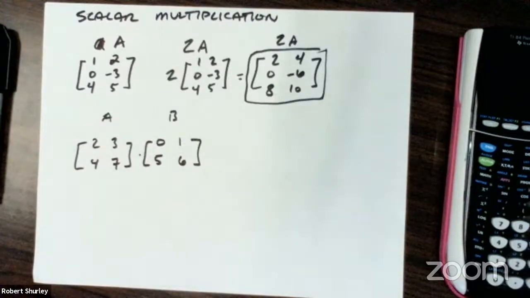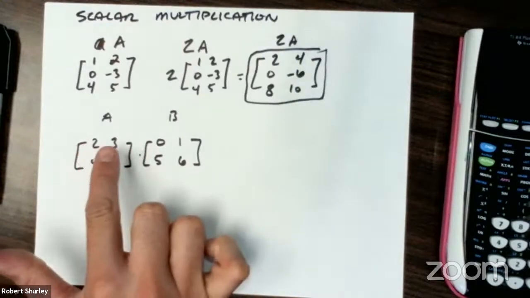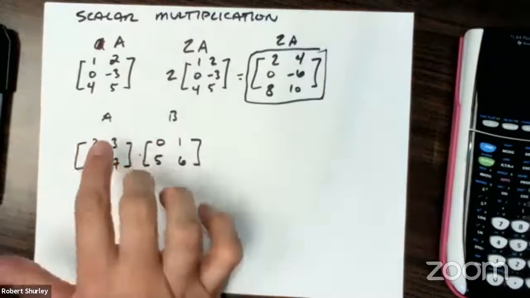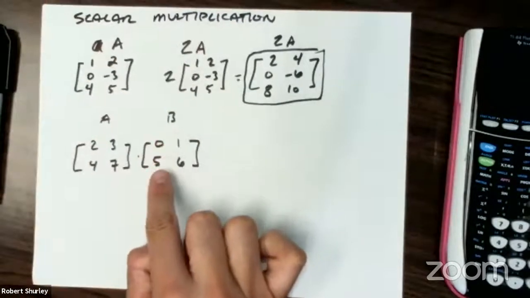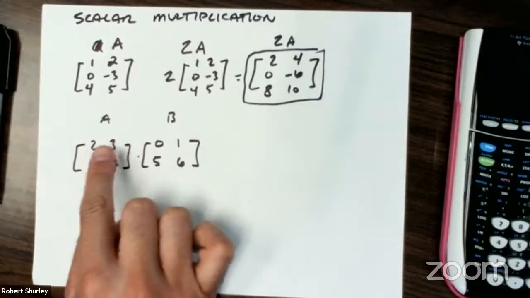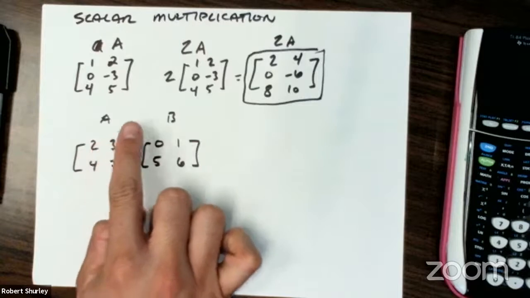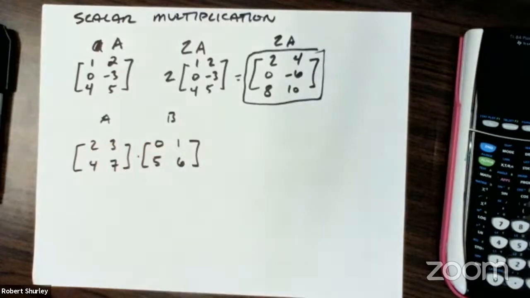I'm going to try to use another color to bring in some color. So the way you do this is you take the first row here, and I think of it like dunking it into the first column of the second matrix. So the first row of the first matrix, you're going to dunk it into the first column of the second matrix.